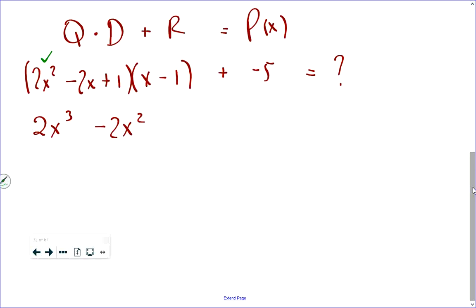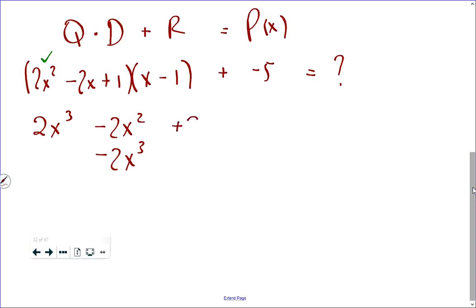Now I move on to negative 2x, and I say negative 2x times x is negative 2x squared, and there's no reason why I wouldn't write it here. Because I'm going to be simplifying by adding similar terms. So x squareds and x squareds are things that can be added together. And negative 2x times negative 1 is positive 2x.